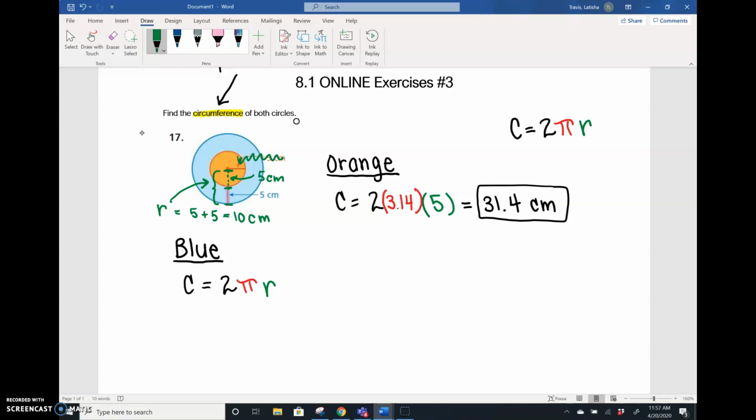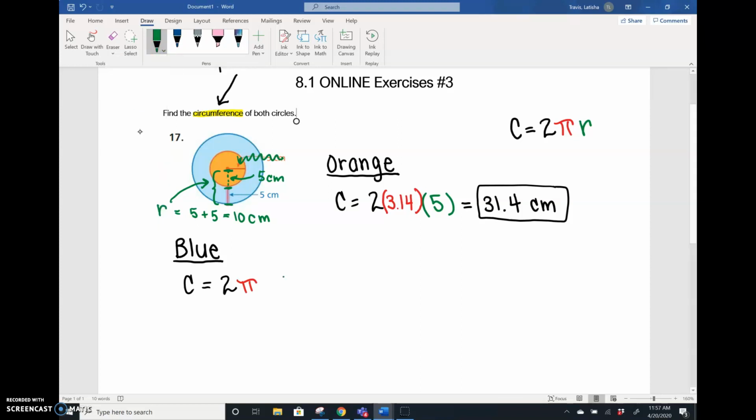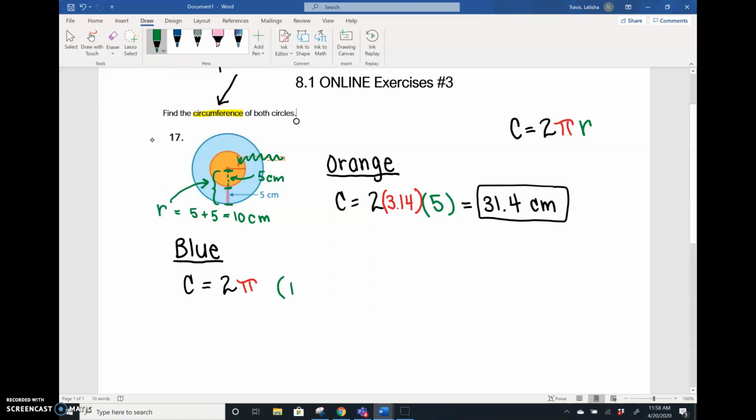So using substitution like we did before, I'm going to erase my r for radius and put the length of the radius in its place. Using parentheses, you always want to use parentheses when you're substituting. It's going to be, oh, not 5. Sorry, that was the last circle. It's going to be 10 for the larger circle. And we'll put the units of measure in when we're done.